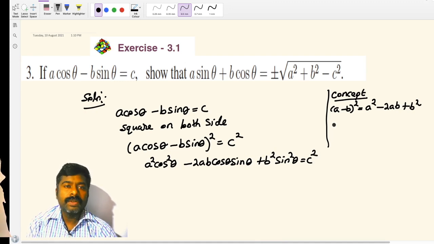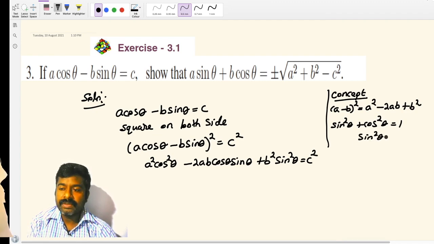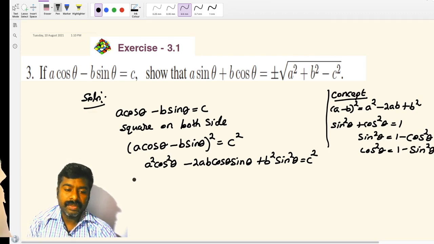Next, we know sin square theta plus cos square theta equals 1. So sin square theta equals 1 minus cos square theta, and cos square theta equals 1 minus sin square theta. Here we replace cos square theta with 1 minus sin square theta, and sin square theta with 1 minus cos square theta in b square sin square theta.